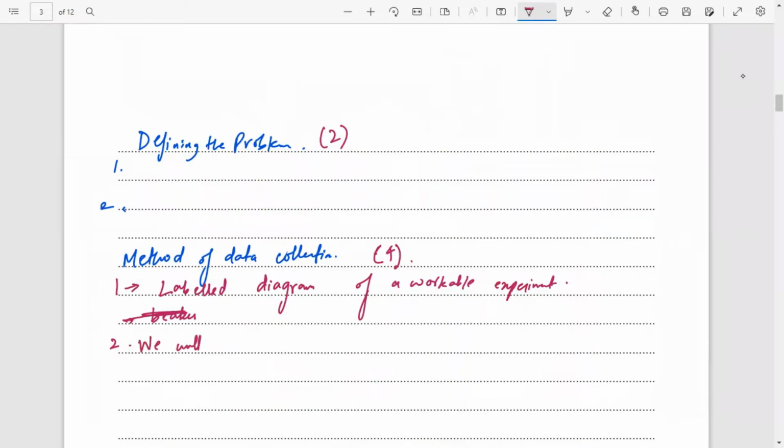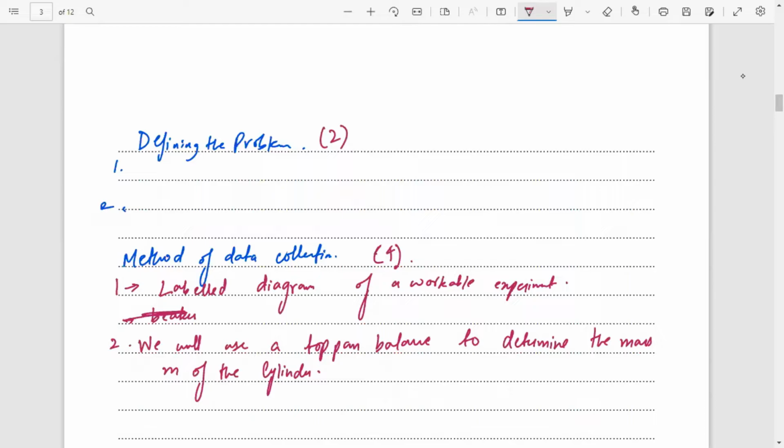Yeah, I will use a top pan balance to determine the mass M of the cylinder. 1 mark for how will you determine the mass.